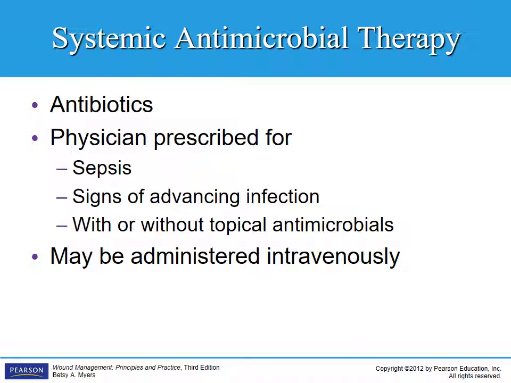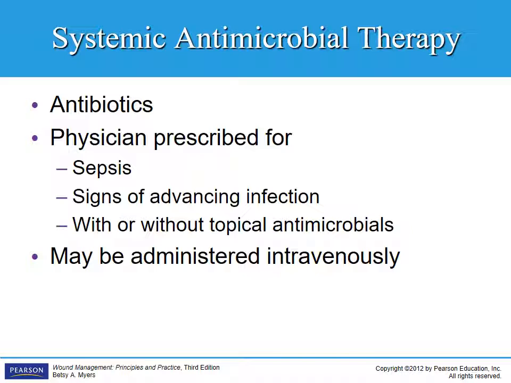Systemic antimicrobial therapy, such as antibiotics, the physician often prescribes these for sepsis or signs of an advancing infection. A lot of times, especially in the foot, you see a wound that goes from cellulitis to osteomyelitis, and the physician will then start prescribing a systemic antimicrobial.